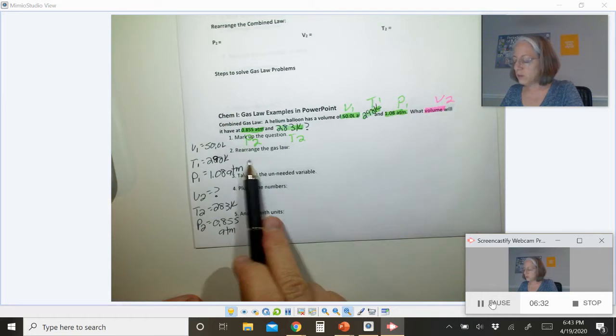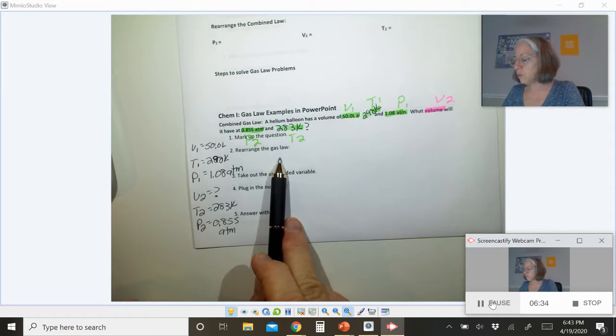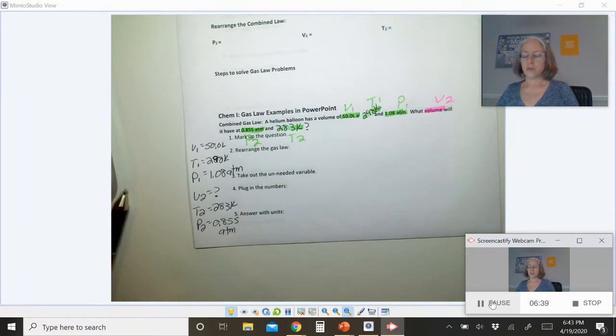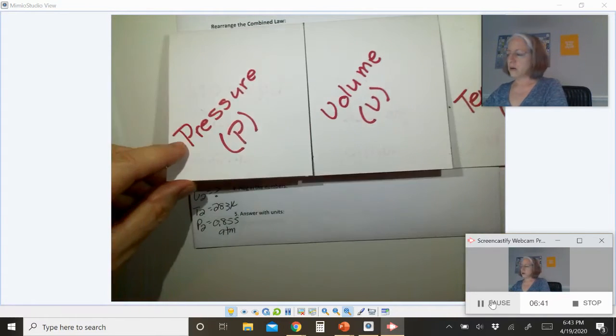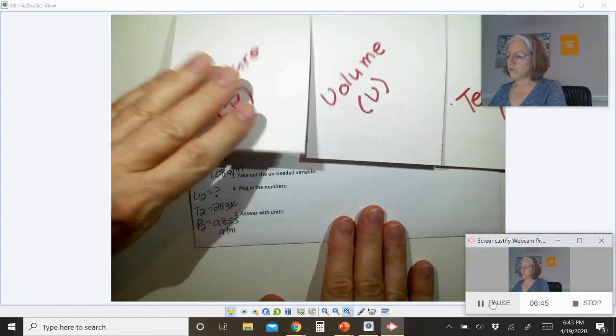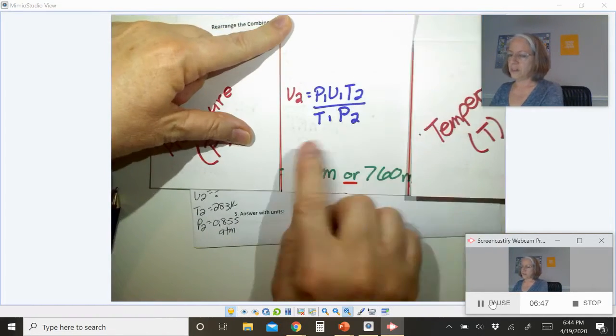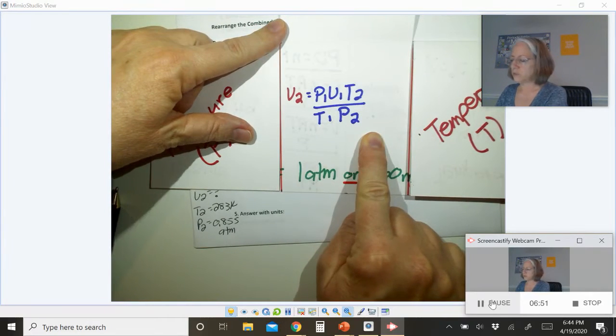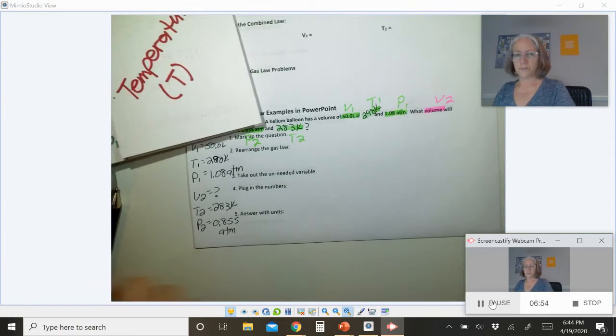Now we've got to rearrange the gas law. What are we looking for? Let's write it out that way. We're looking for V2. So here's where we get our foldable. Since we are looking for V2, flip it up, V2 equals, and that's the formula that we want to write to solve for V2.